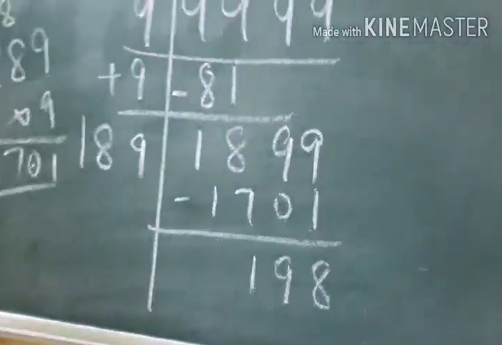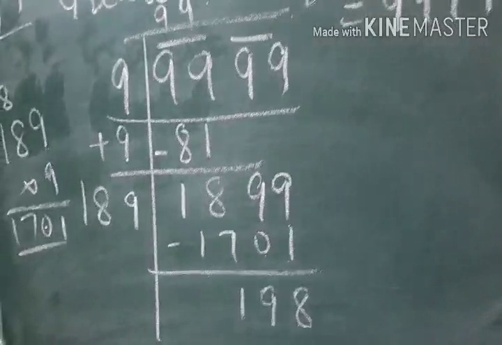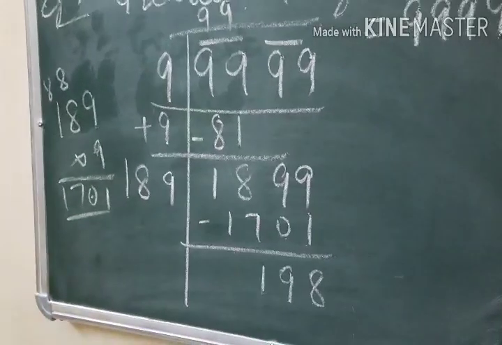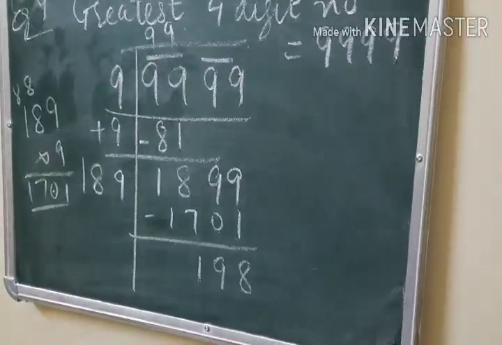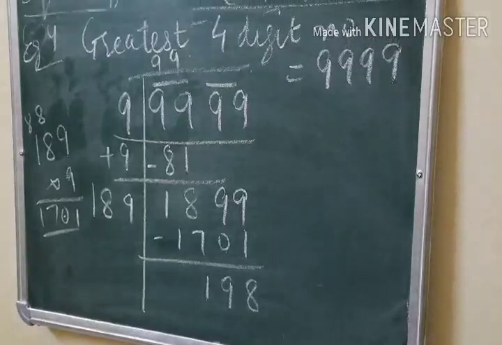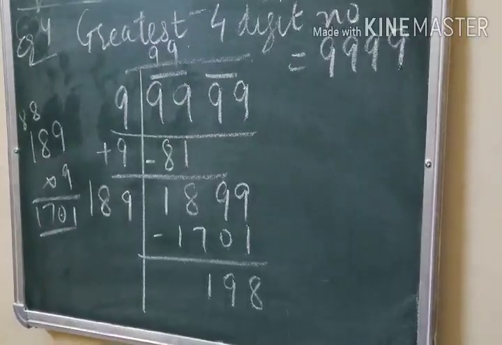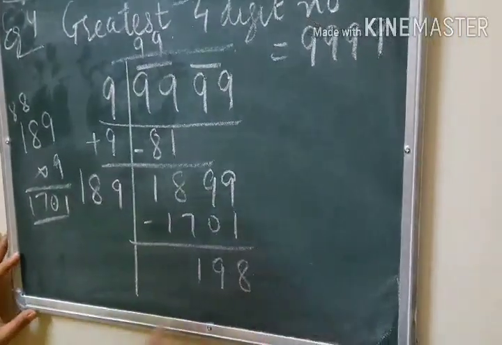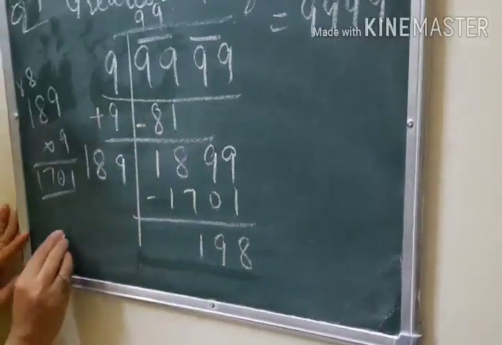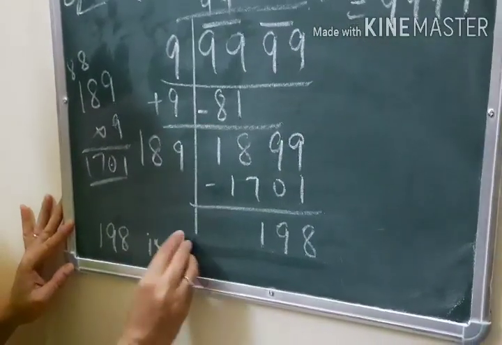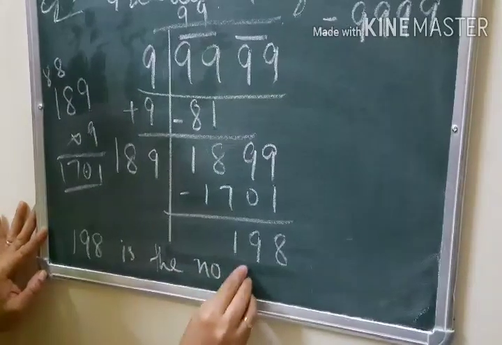So the remainder is more, 198. Okay, so 198 is the number which needs to be subtracted from it. Right? We have got the answer 198. So we'll write here 198 is the number subtracted from it.